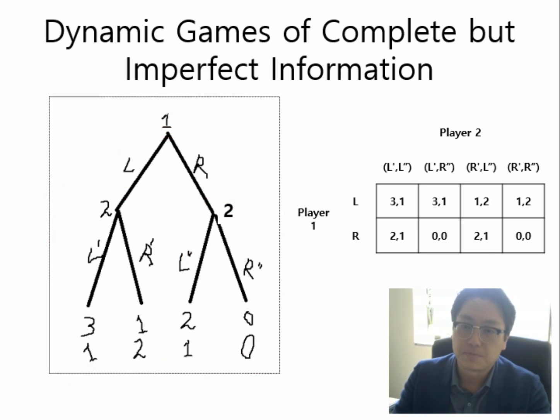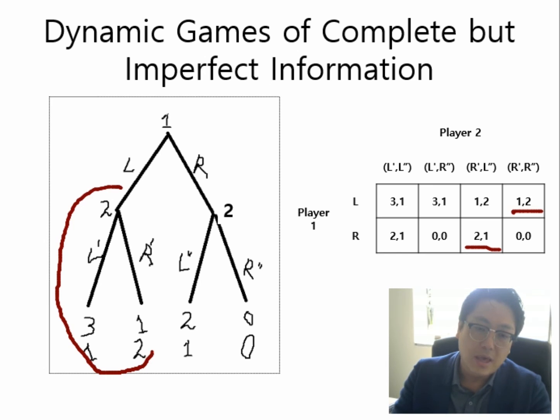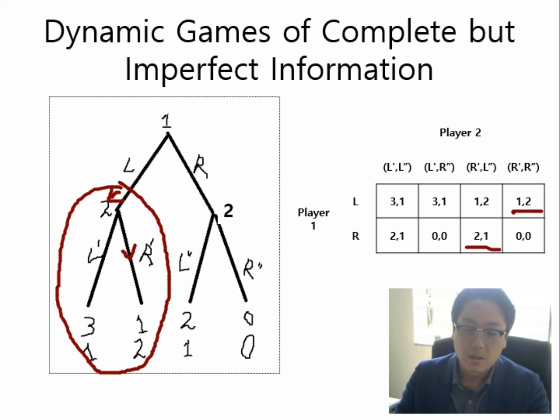Look at this. Again, there are two strategies of Nash equilibria. But here, in this small game, let's say that once this node is reached, we don't need to care about the others because there's nothing that we can change. So just focus on this small tree. Then the second player surely will choose R', right?